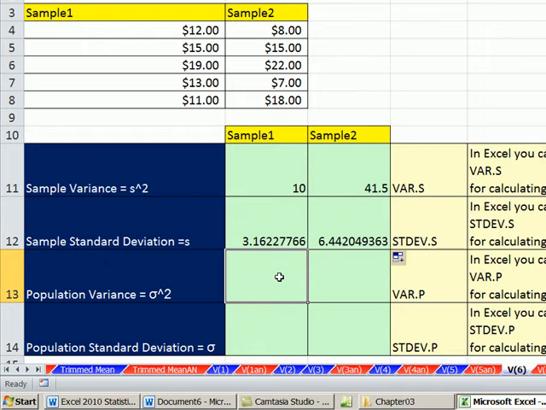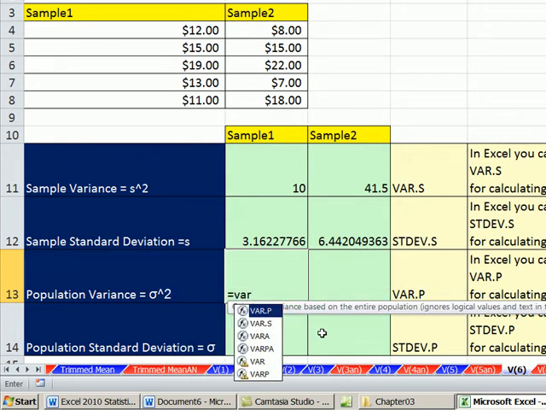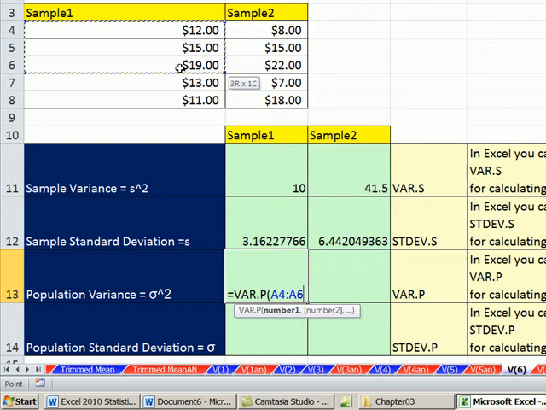Now, we wouldn't use VAR.P and STDEV.P on sample data like this, only on population data. But I do want to show you that the calculation, the only difference is that for sample data, we do n-1, and for population, we just do n, no -1.